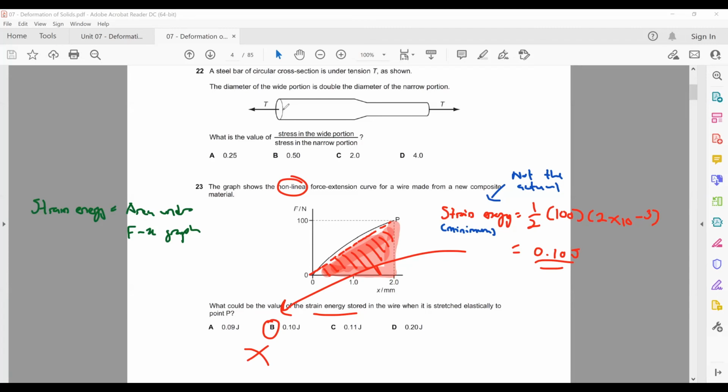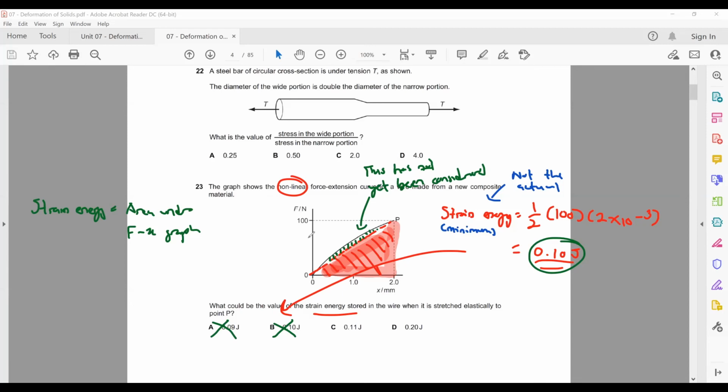Let me use a green one. This has not yet been considered. So if you say that 0.1 joule is the answer, this is not correct.